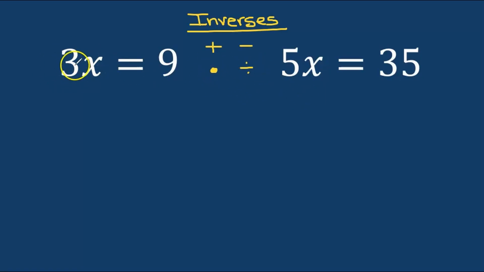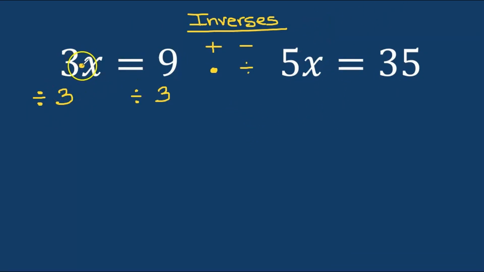We're going to have multiplication and we're going to use division to undo it. So since this is 3 times x, you can think about this as dividing by 3. Since this is multiply, this is divide. Now we wouldn't really write it this way, but for this first example, we're going to think about it this way. And then in this one, I'm going to show you how you would commonly see it written.